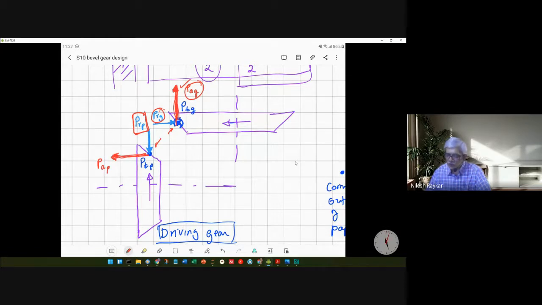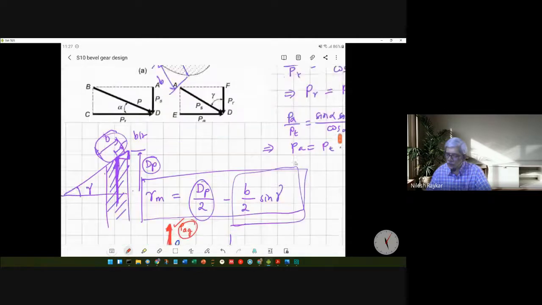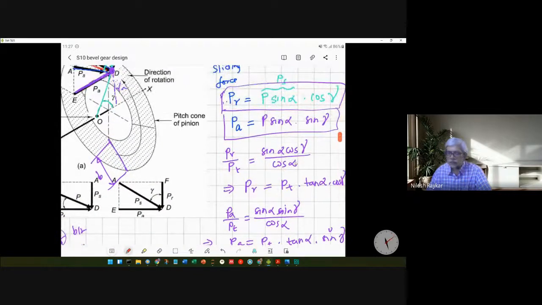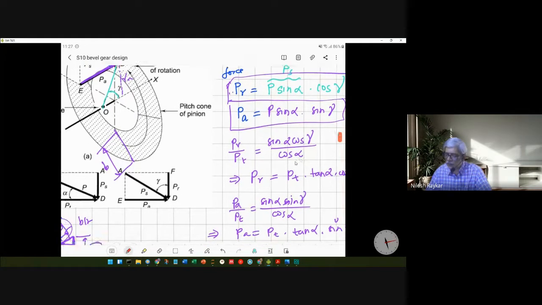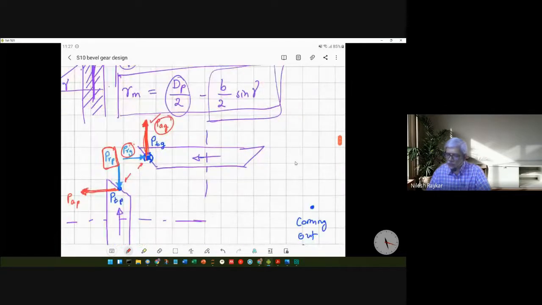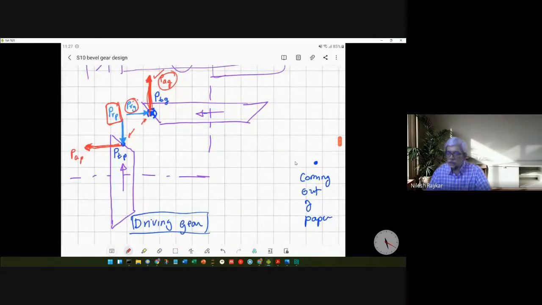Now the calculations we did and the formulae we derived are for the forces acting on the pinion. Or one can do it for the gear also. Let's say we have done these calculations based on the pinion side. Now the forces on the gear are written in terms of the forces we established for the pinion.